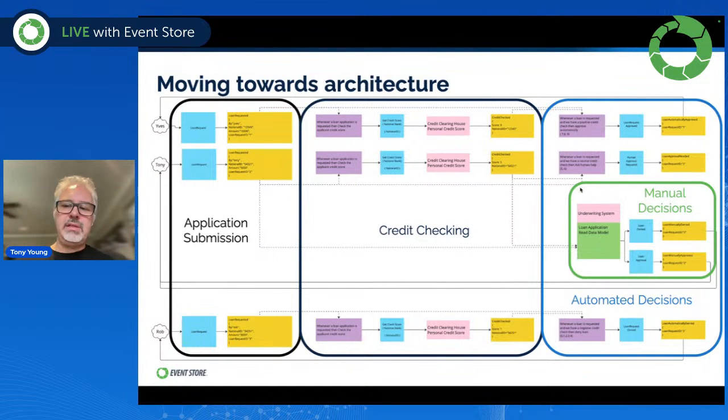Along the right-hand side, this is where we take decisions, right? So there's a business rule there, an automated rule that gets applied. I can approve it, I can deny it, or I can't make a decision here. And then we have our underwriting system where manual decisions have to be taken to say I'm manually approving or manually denying this loan. Okay, so four main components to our system.